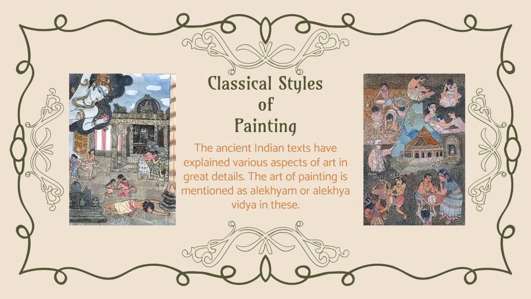Agama texts of various religious sects, Puranas, and Vastu Shastra texts explain the arts of painting and sculpting in the context of temple architecture.